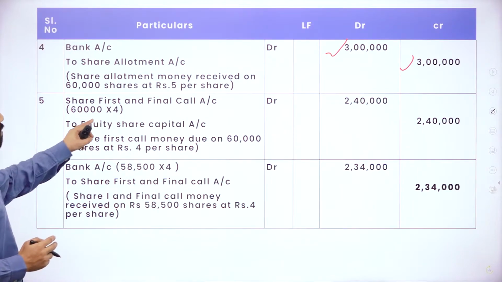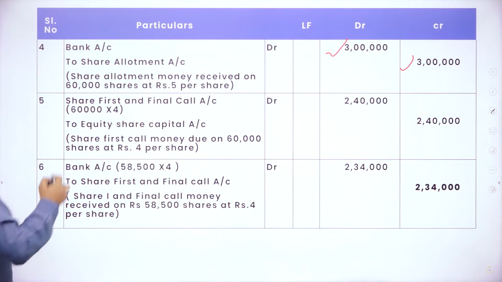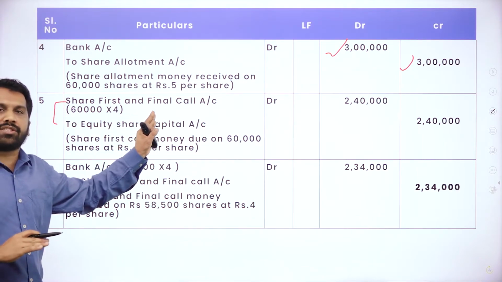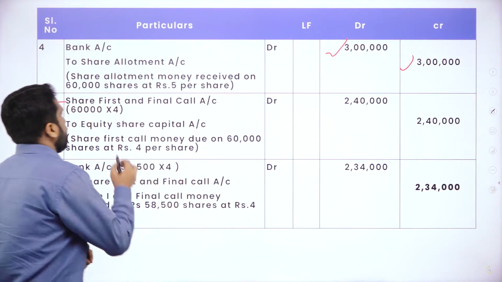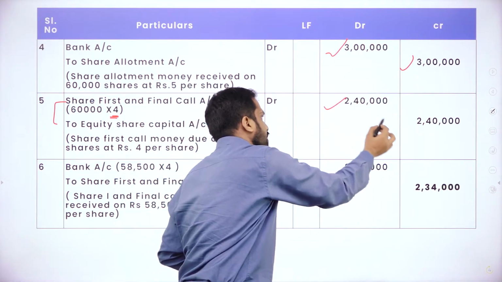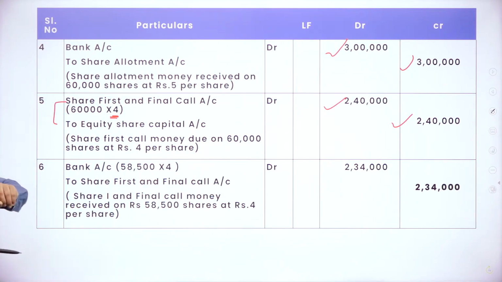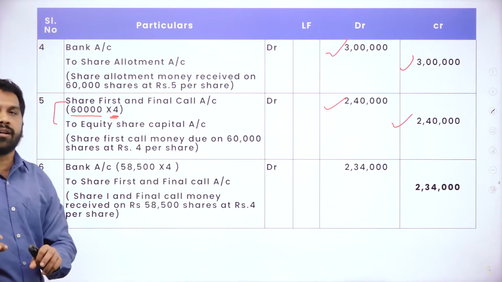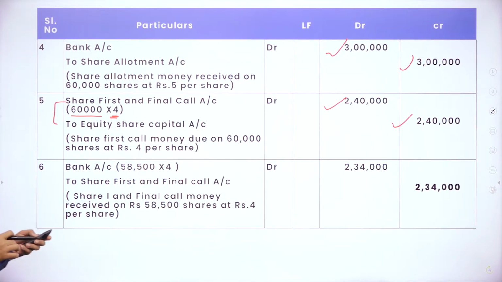Now we'll go for the first and final call. Share first and final call account debit to share capital. We will not make any changes. We'll take the actual 60,000 multiplied by 4. How much is it? 2,40,000. But it is the actual 4. But out of 60,000, a few members have not paid. We'll go back to the question so that you will understand.